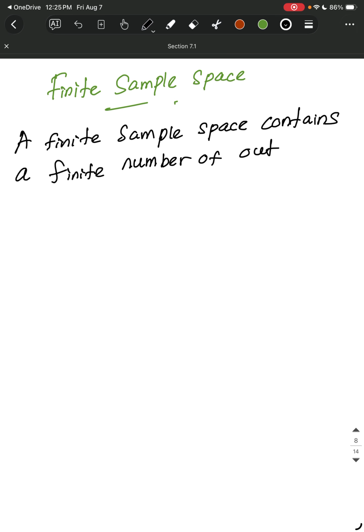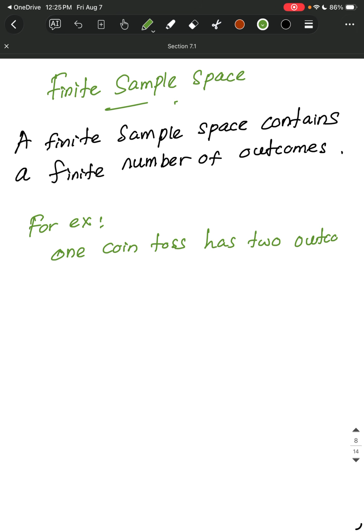For example, one coin toss has 2 outcomes. One die roll has 6 outcomes. Drawing one card from a standard deck has 52 possible outcomes.